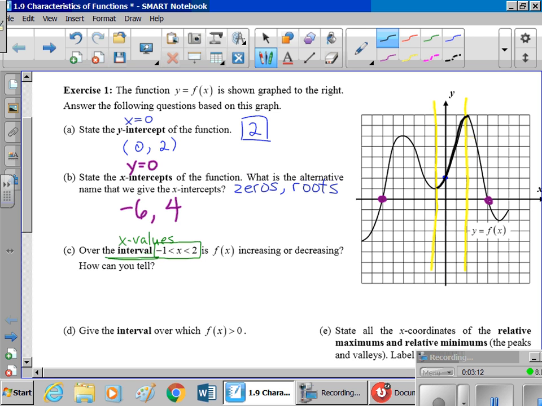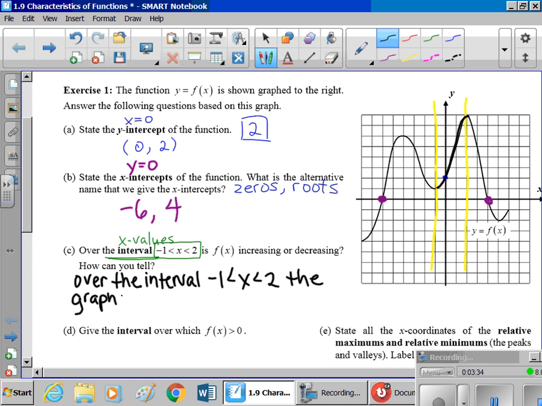And it says, how can you tell? So we're going to say over the interval -1 less than x less than 2, the graph, or you could say f of x, the graph is increasing.